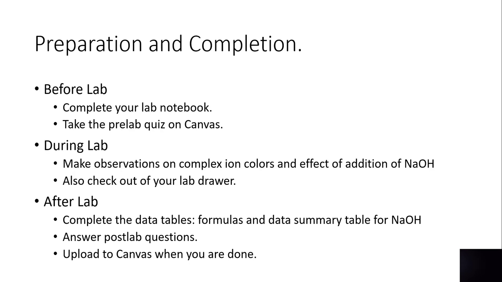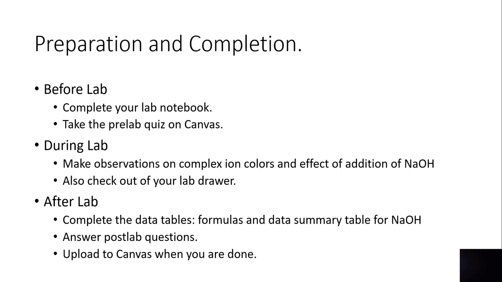So to wrap up, a few things you need to do to prepare for this and to complete it. Before coming to lab, make sure to complete your lab notebook with all the procedures you'll be doing, and then take the pre-lab quiz on Canvas, where you'll be uploading your pre-lab and answering a few additional questions about the lab. During the time we are together in lab, you'll be making observations on the complex ion colors and the effect of the addition of the sodium hydroxide.